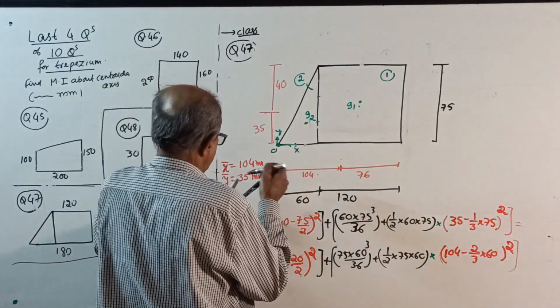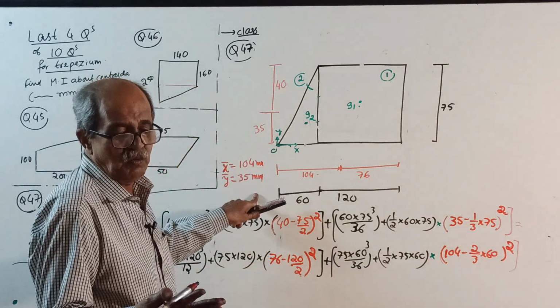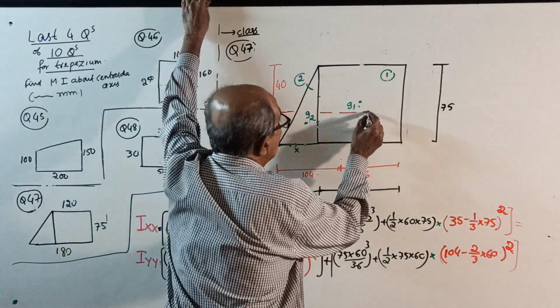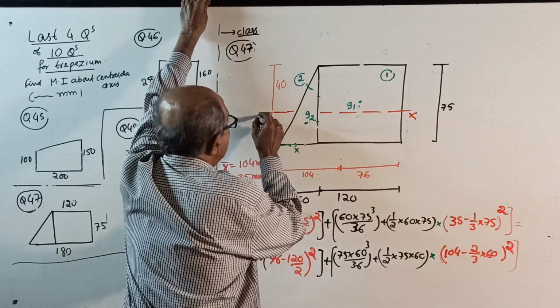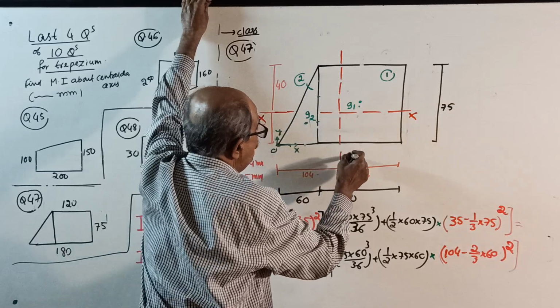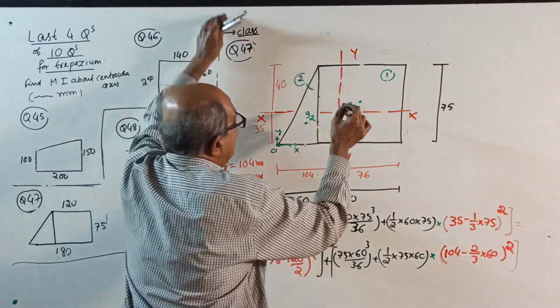Now locate the axis. See, here by chance, values came round number. Sometime it happens. Round number will come. No decimals. XX and YY. Depending on the distances, decide where it will come. See, now nothing to hurry. XX.